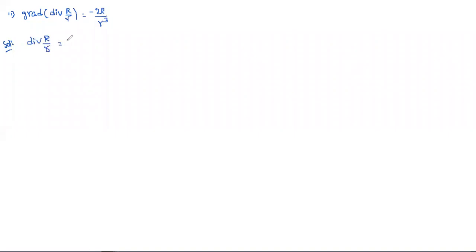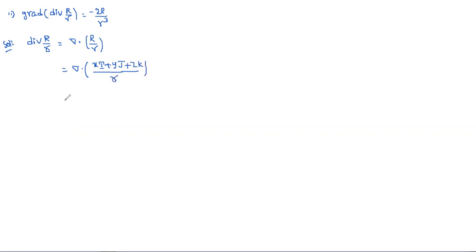divergence is nothing but simply del dot r by r. So r is nothing but what they mentioned, xi plus yj plus zk, so xi plus yj plus zk by r.